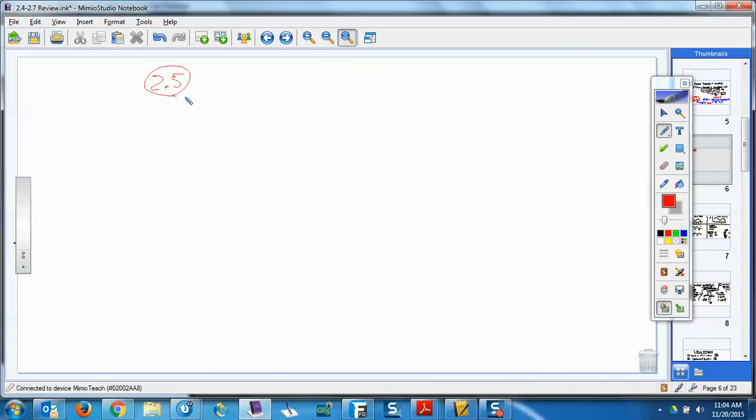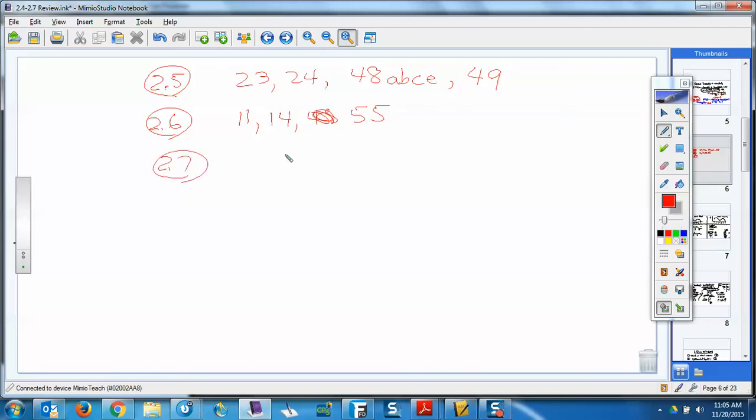All right, 2.5. Okay, again, on 41, I think it says find both coordinates.